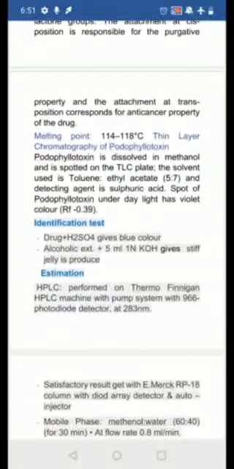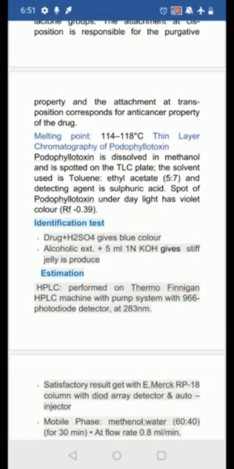Okay, when coming to the identification, we can go with TLC. In this TLC you are going to use methanol to dissolve the sample. The stationary phase is silica gel G. The solvent is toluene and ethyl acetate in the ratio of 5:7. The detecting agent is sulfuric acid. You are going to visualize the spot under UV light.